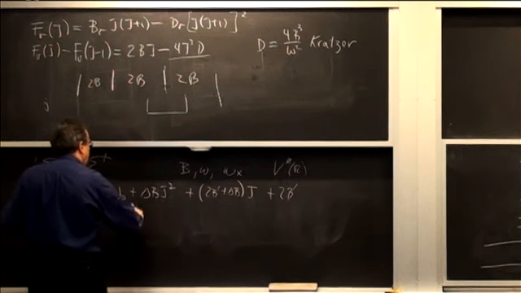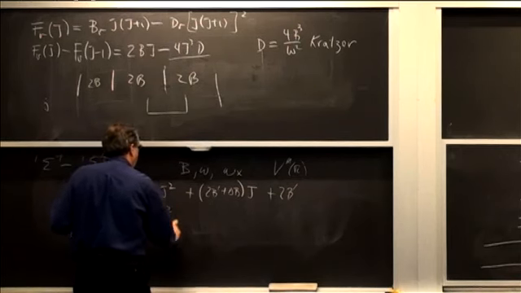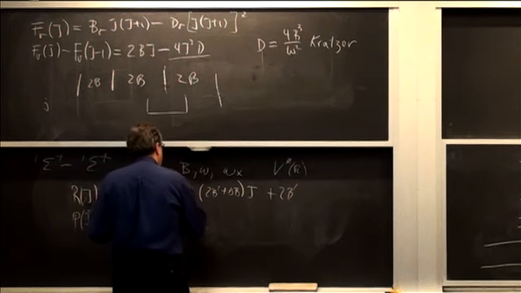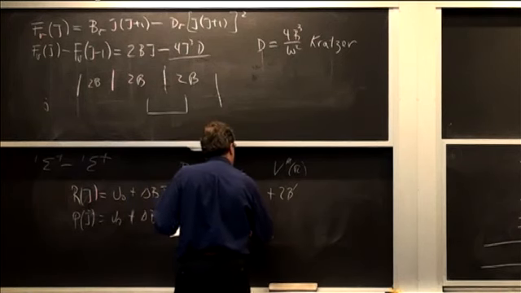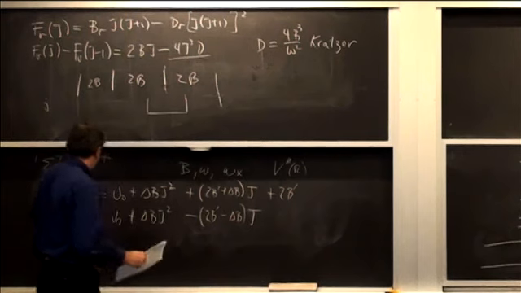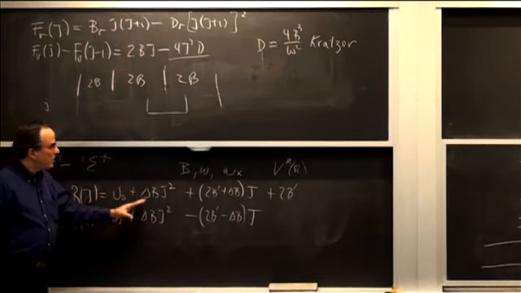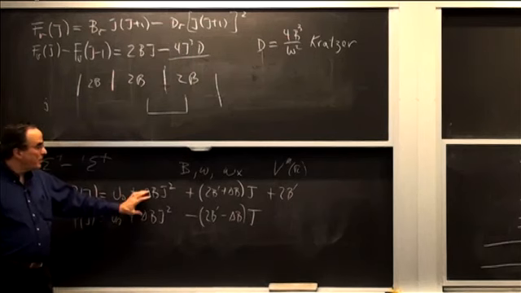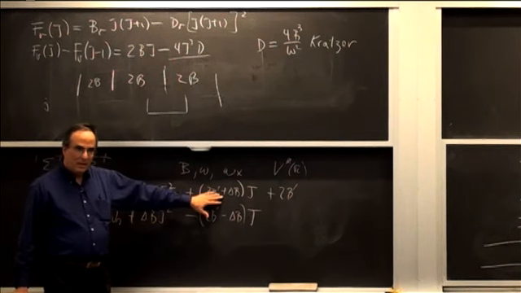Nu 0 plus delta B J squared minus 2B prime minus delta B, times J. So these are the formulas for the R and the P branches. And so the quadratic term, the difference in B, is smaller than, say, 2B.